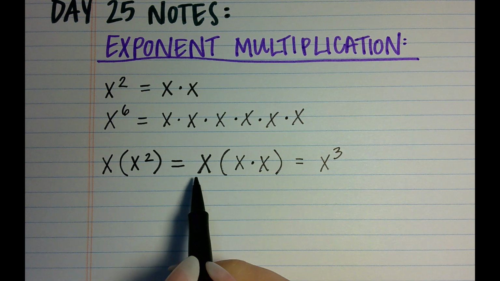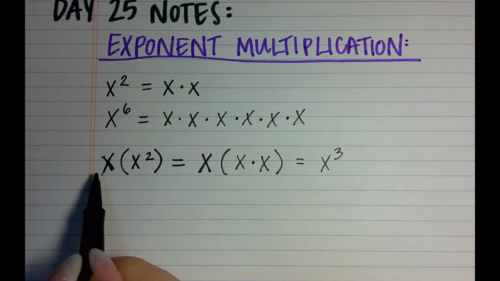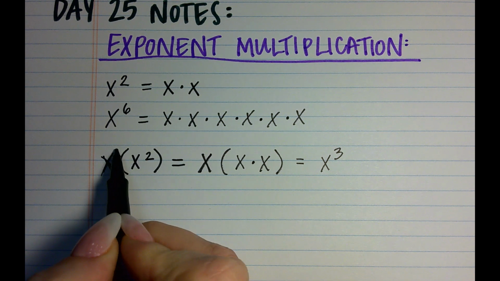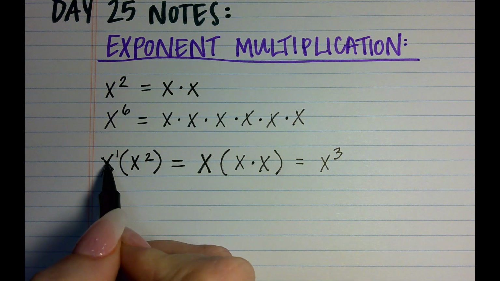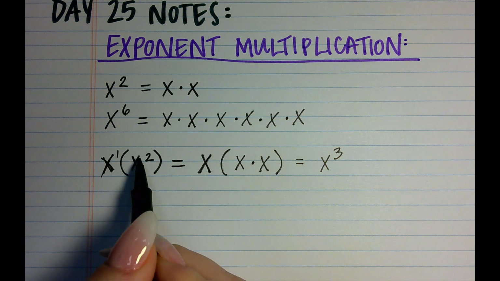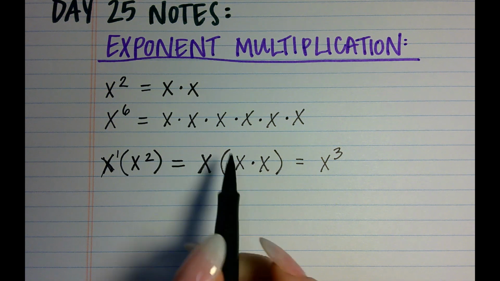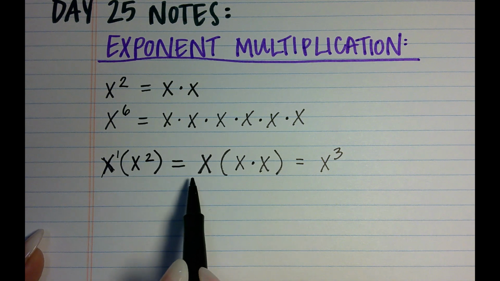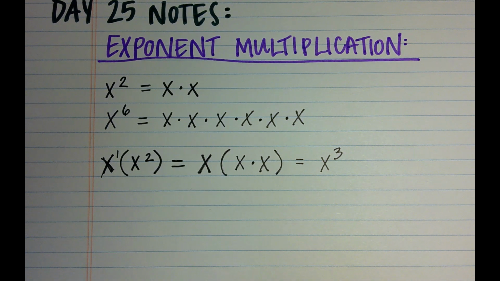All we have to do is think about our x right here as really like x to the 1st power. So that's just x. I'm not multiplying anything until it says I'm multiplying by x to the 2nd power, which is x times x. So this comes out to be x times x times x. 3 x's, so it's x to the 3rd power.